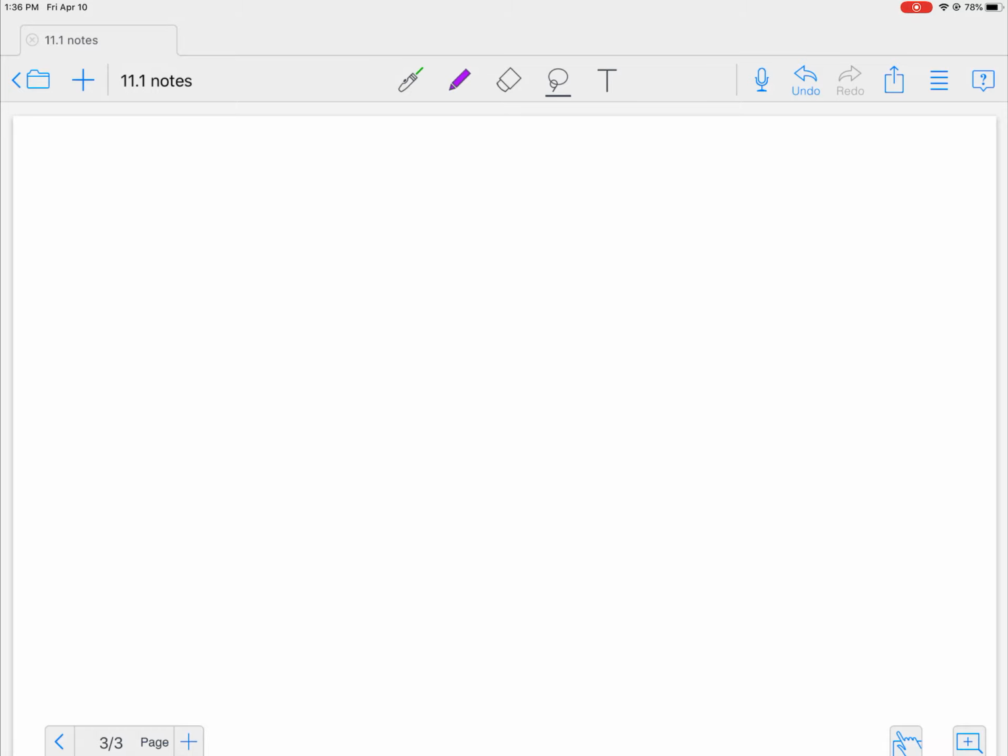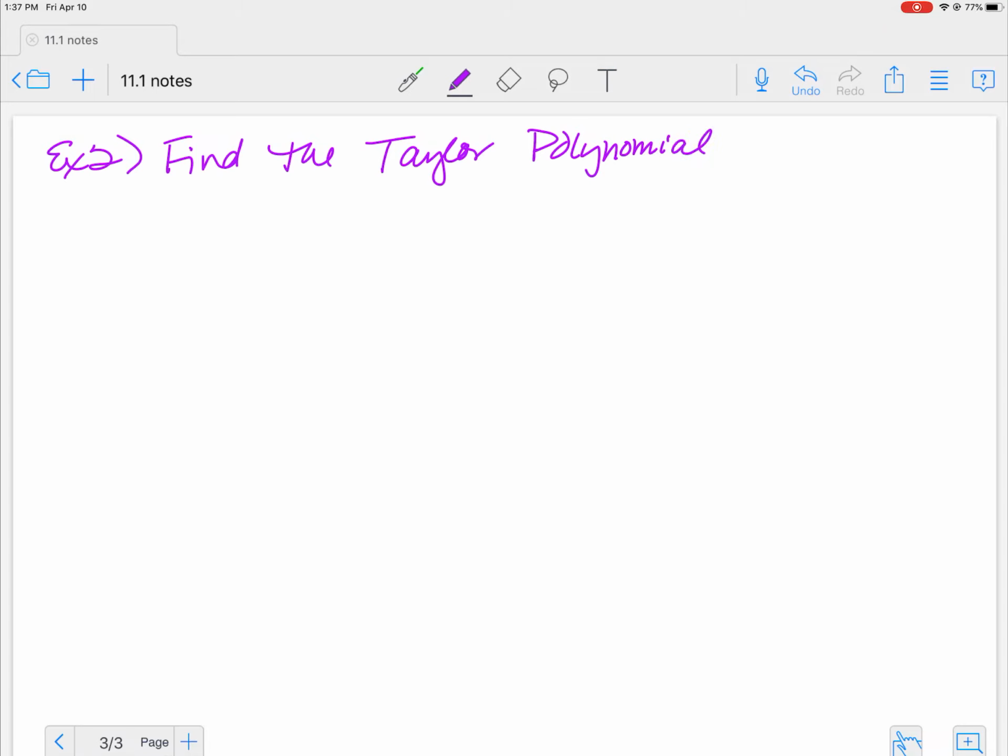All right, so here's example 2. I want to find the Taylor polynomial centered at x equals 0 for the function f of x is equal to sine of x.